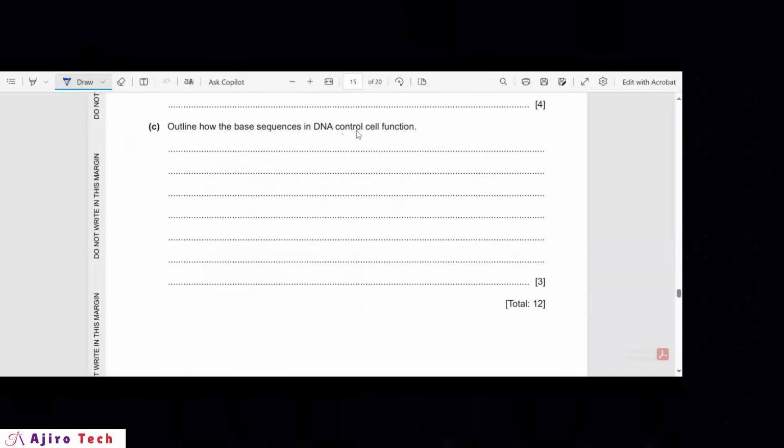Now outline the basic message of the genetic code in cell function. Okay, so a specific base sequence determines the sequence of amino acids in the protein.